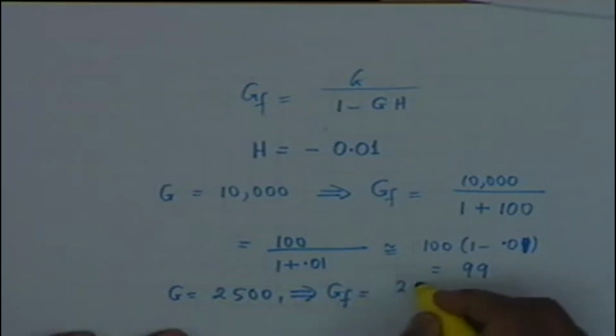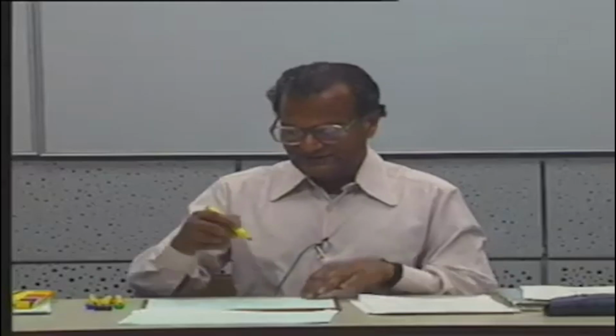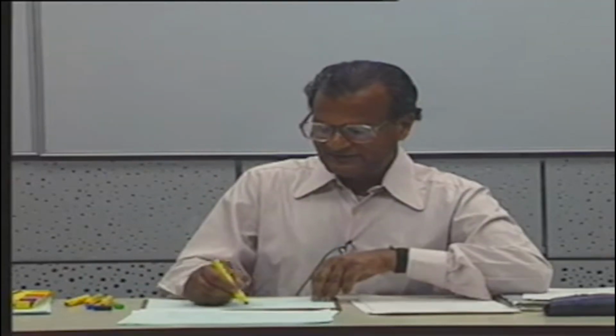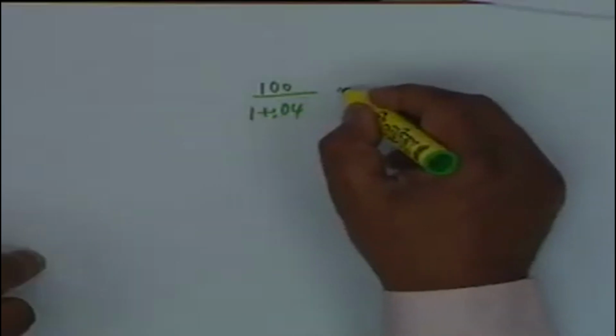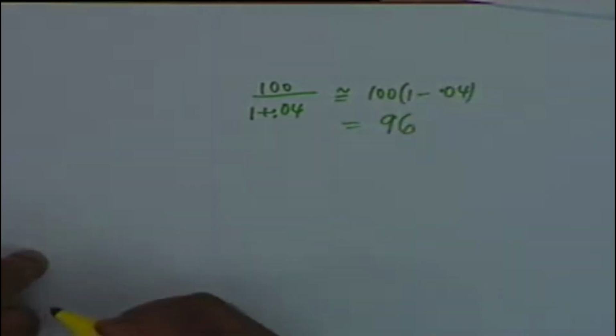The new GF shall be 2500 divided by 1 plus 25, and that you can see is 100 divided by 1 plus 0.04, which is approximately 100 times 1 minus 0.04, and this is only equal to 96.